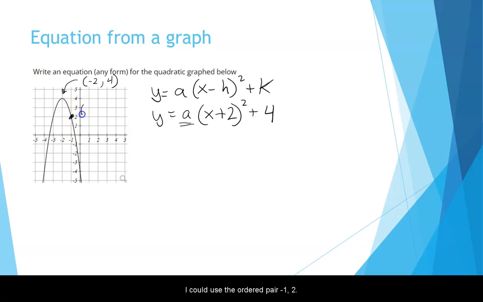I could use the ordered pair -1, 2. It might be easiest to use the y-intercept of 0, -4 because we can plug in 0 for x.